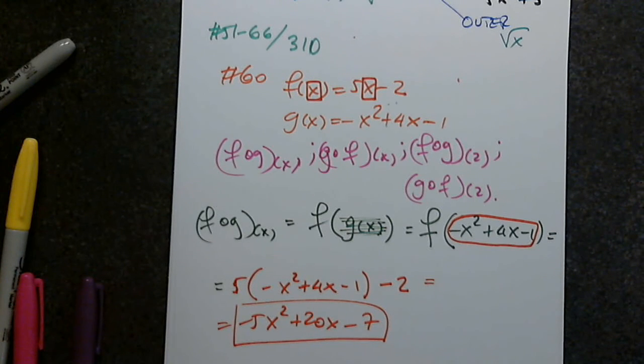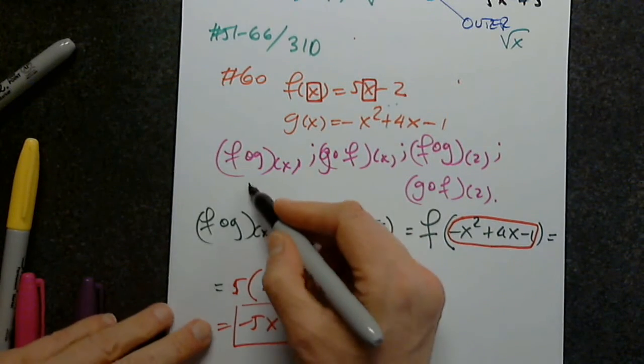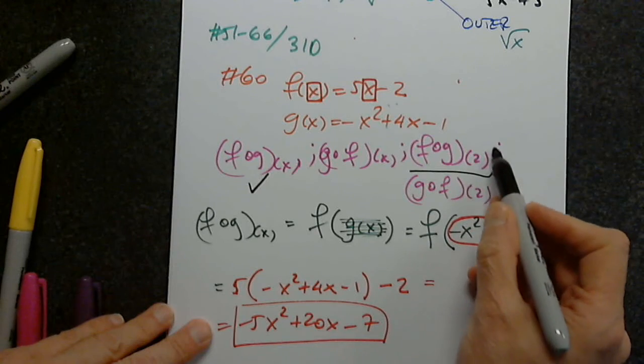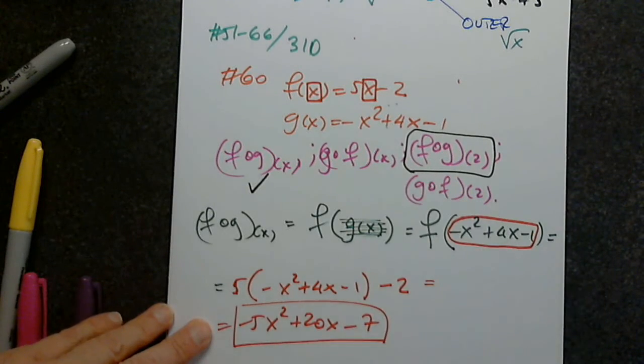So this is a new function, not obtained by adding, subtracting, multiplying, and dividing, but obtained by function composition. Plugging in a function, which is g of x. Since I have the function, I want to determine this right away.